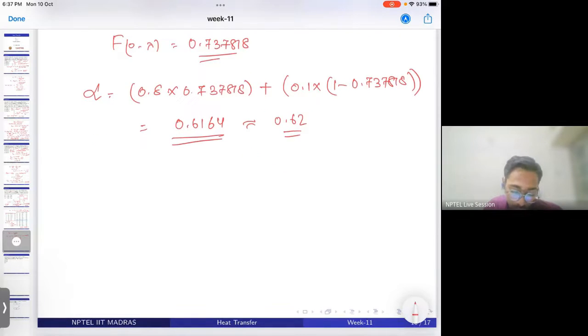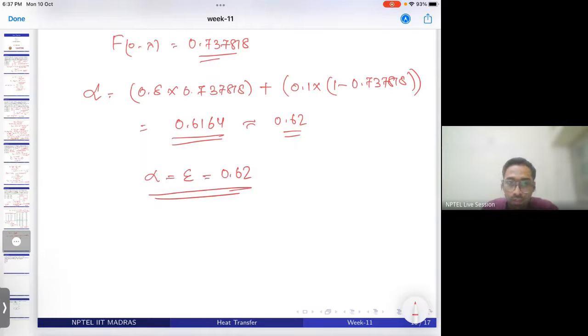As it is a steady state, both the ball and the surface from which the ball is getting radiation are at the same temperature. So we can apply the Kirchhoff law, that is alpha is equal to emissivity, which is equal to 0.62.